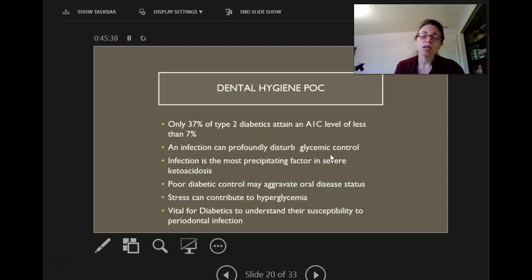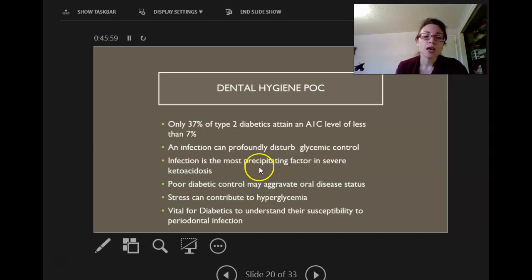Also, damage to blood vessels and nerves doesn't let the white blood cells get to the parts of the body where they can fight the infection. And with nerve damage, patients don't always know that they have a cut or an injury, and infections can get worse because of that.